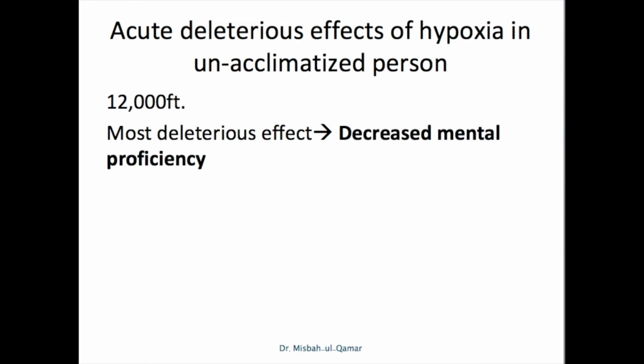See, if an unacclimatized aviator stays at 15,000 feet for 1 hour, his mental proficiency falls to 50% of normal. And after 18 hours, it drops to only 20% of normal.